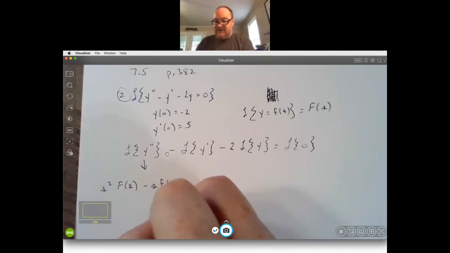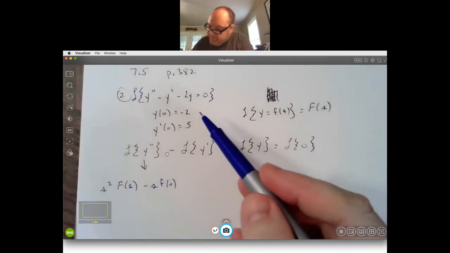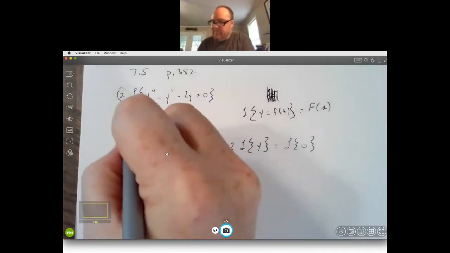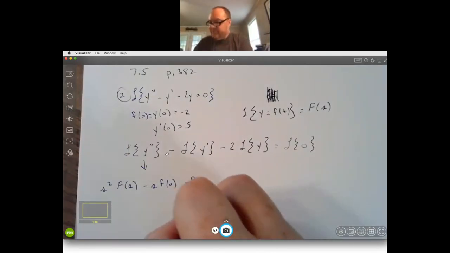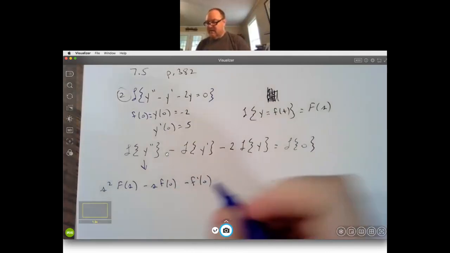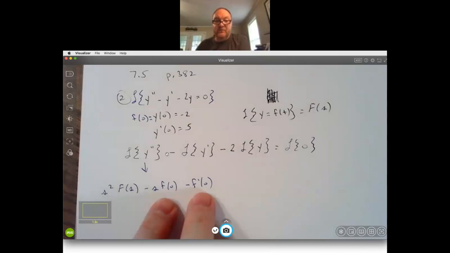And I have a condition for that, right? I've got this initial condition I can go back and use. And then minus f prime at 0. Those are little f's. Those come from the initial conditions from the original problem. This is a capital F in this position.